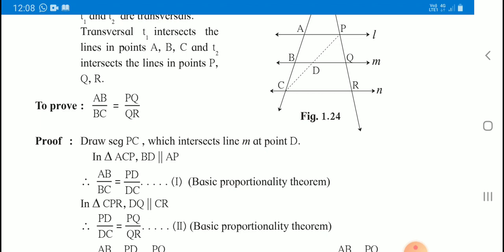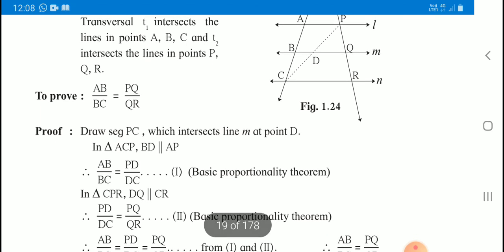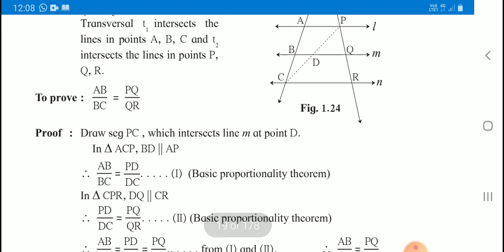In triangle ACP, BD is parallel to AP. So by the basic proportionality theorem, we can write AB upon BC is equal to PD upon DC. This is our equation number 1.